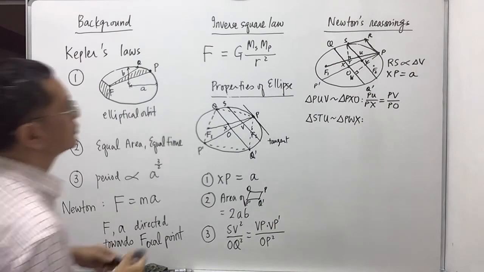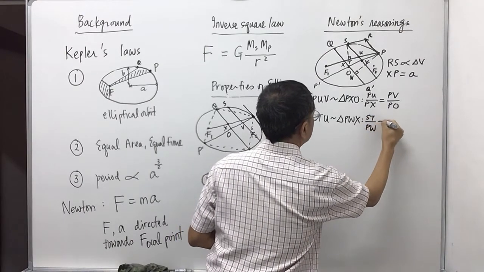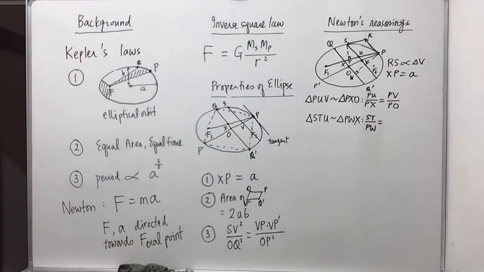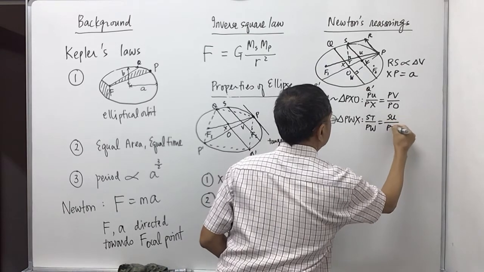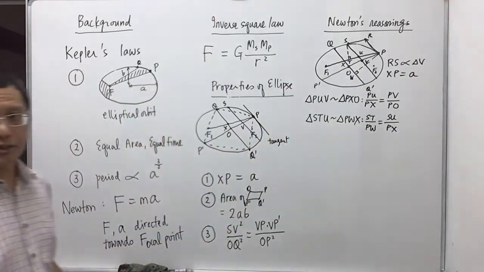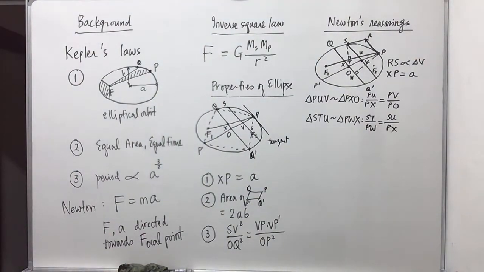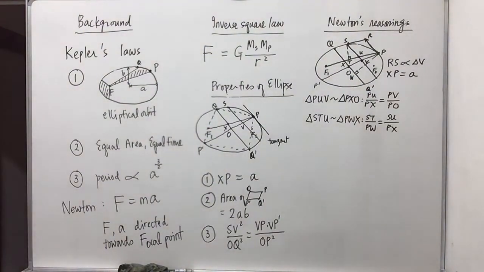ST to PW should be equal to SU to PX. Aha! Can you see PX appearing in both relationships? PX is extremely important. PX is equal to A. Okay, now the puzzle is getting solved piece by piece.